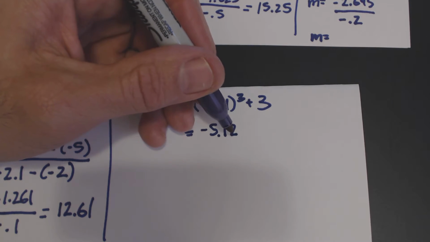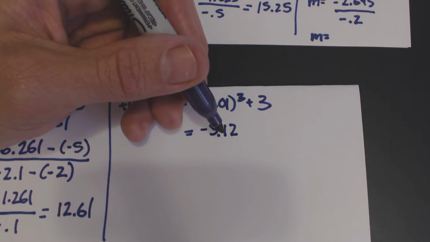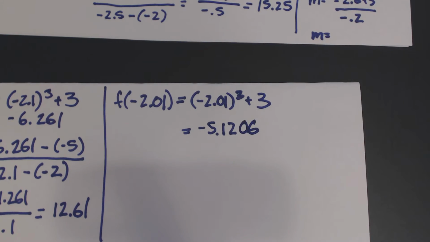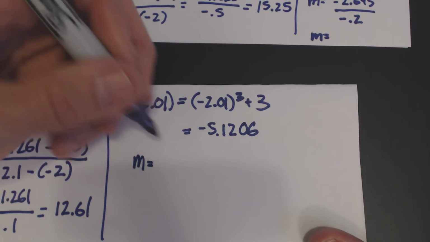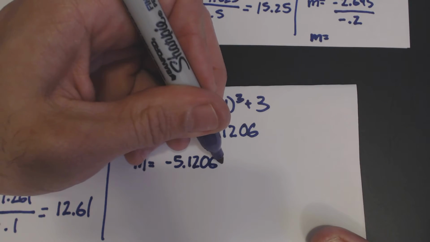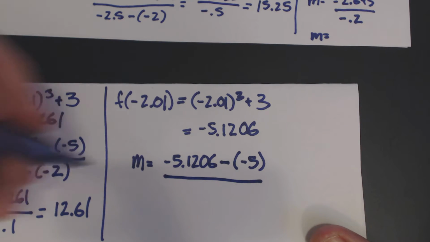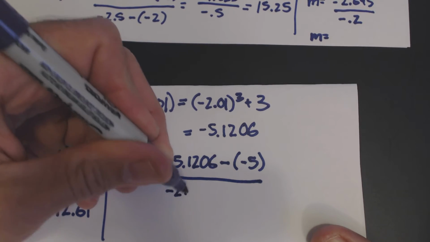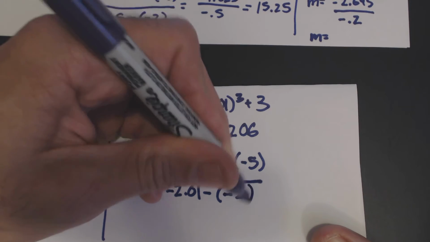It's set to round your answers to 4 decimal places, so that's negative 5.1206. Now the slope is going to equal negative 5.1206 minus negative 5 over negative 2.01 minus negative 2.